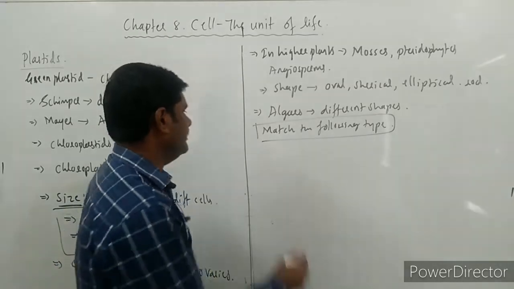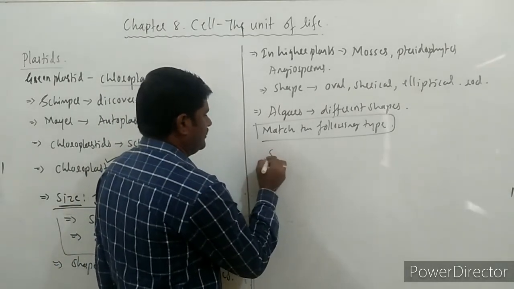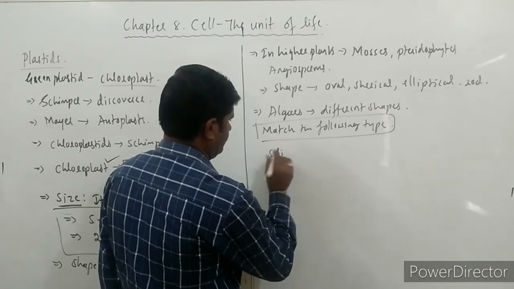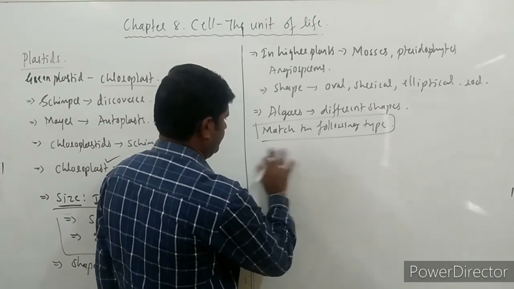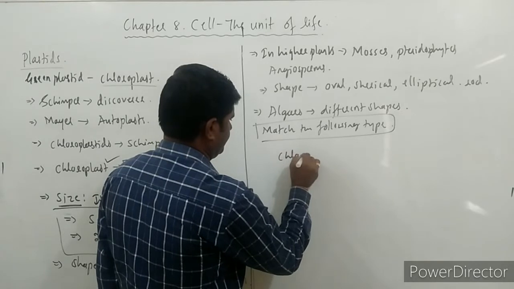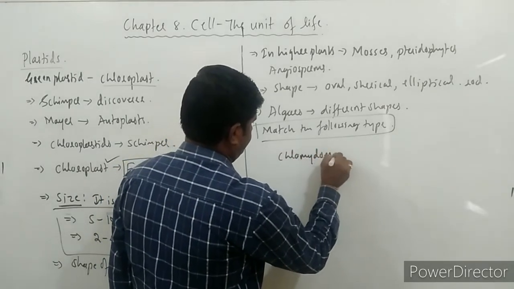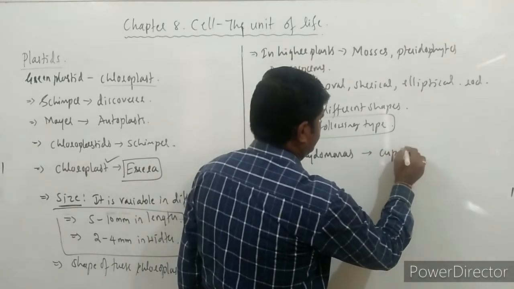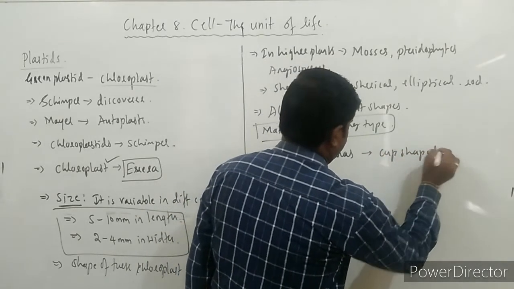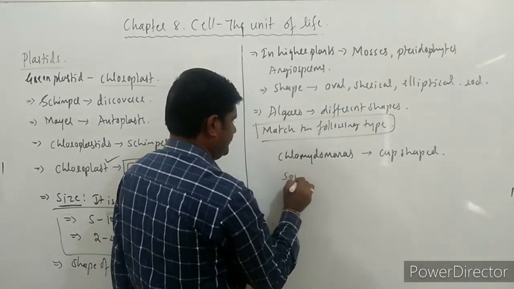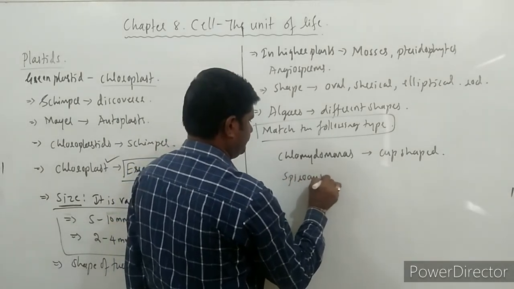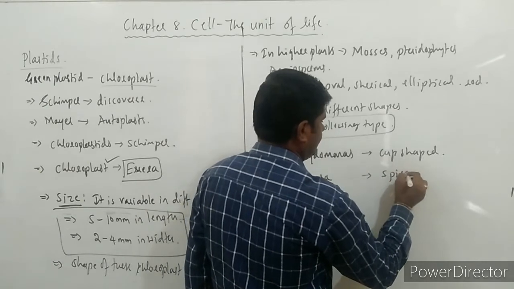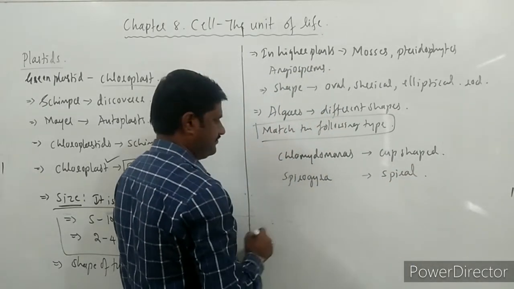Say for example, first one, that is Chlamydomonas, cup shape, and Spirogyra. In Spirogyra it is spiral shaped.